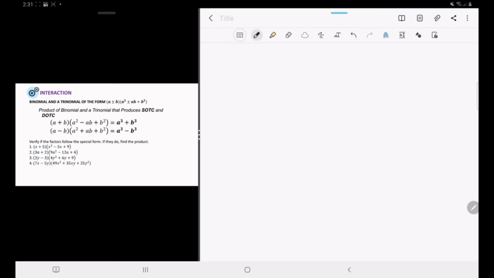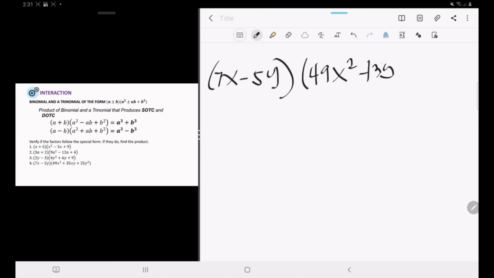And number 4, we have 7x minus 5y times 49x squared plus 35xy plus 25y squared. Okay, the first term is the square of 7x, which is 49x squared. The product of 7x and 5y is 35xy. That's correct. And the square of 5y is 25y squared. So, yes.